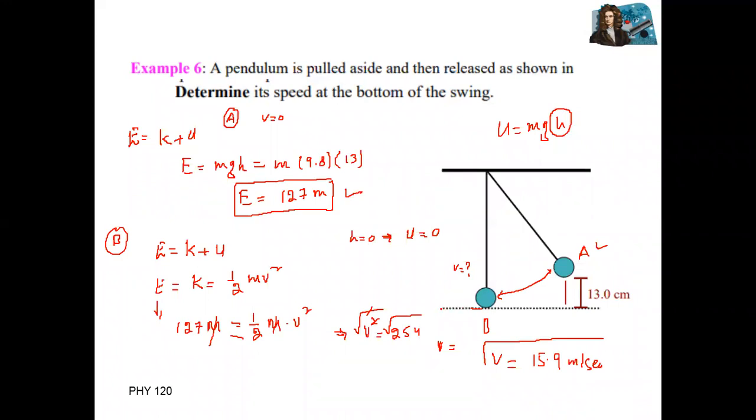So you can see if we compare, this is reference point. So height from the surface is equal to 0. So 0 multiply with g multiply with m equal to what? 0. Potential energy equal to 0. Okay, got it. Thank you. Next question.